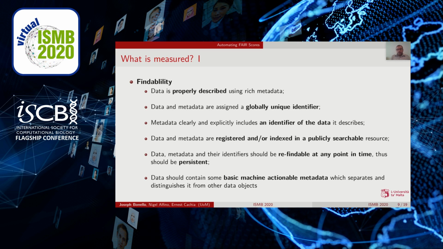The tool has some features that it measures for findability and the rest of the principles. So for findability, it checks that the data is properly described using rich metadata. It looks for a globally unique identifier. It looks for an identifier where the metadata clearly and explicitly includes identifiers for the data it describes.